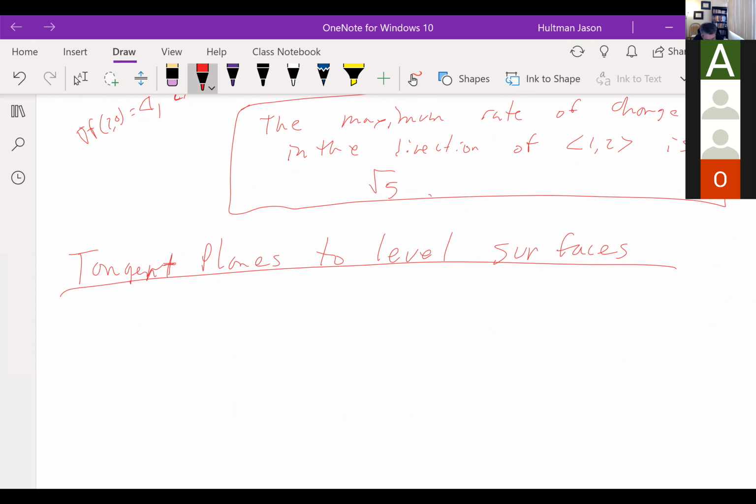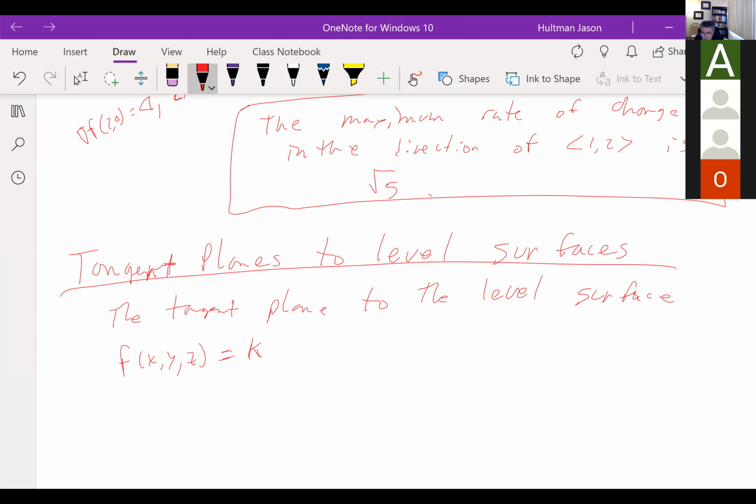The tangent plane to the level surface F of x, y, z equals k.